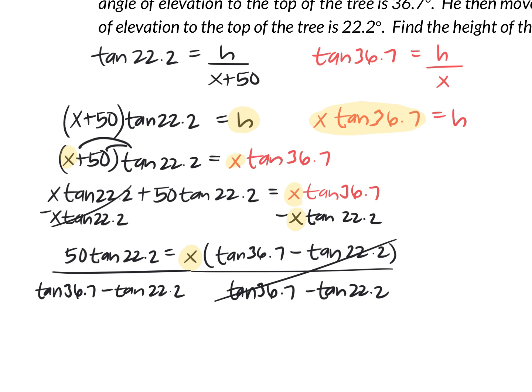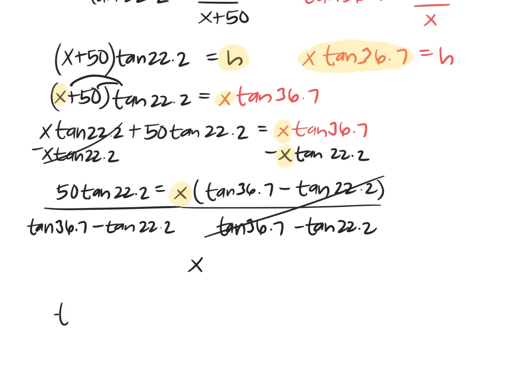And now on your calculator, very carefully, I would make sure you type it in as a fraction. Be careful because when you type tangent, it populates one parenthesis, but it doesn't populate that second one. So make sure you end that parenthesis before you type the next thing, okay?